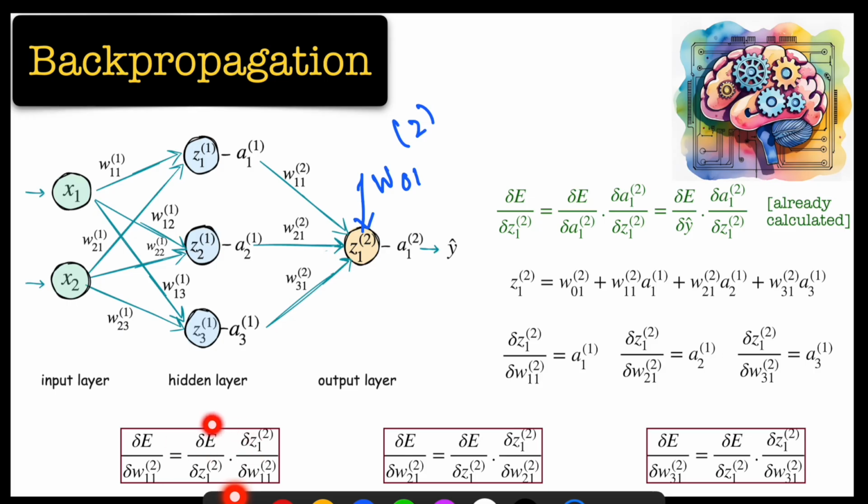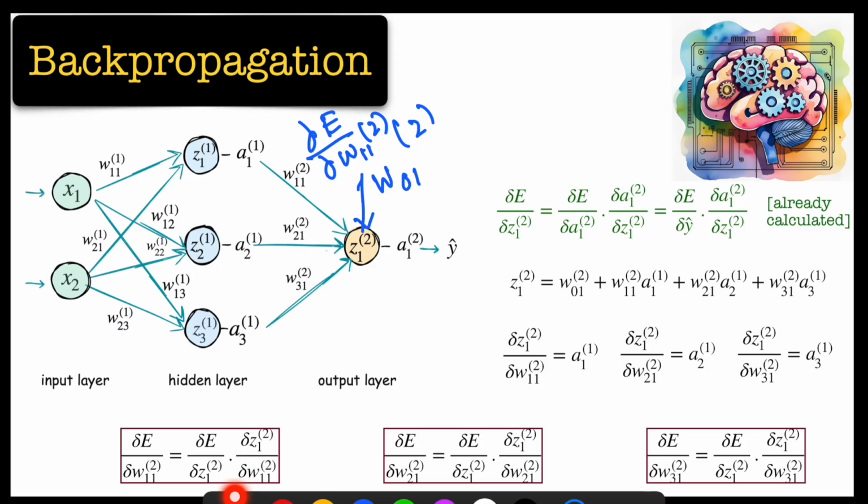If we multiply these two, we'll get del E del W112. Similarly, we can calculate del E del W212 and del E del W312 in all this part. So that's how we apply the chain rule in our case, and we calculate these gradients.